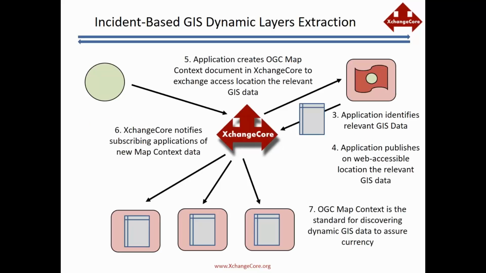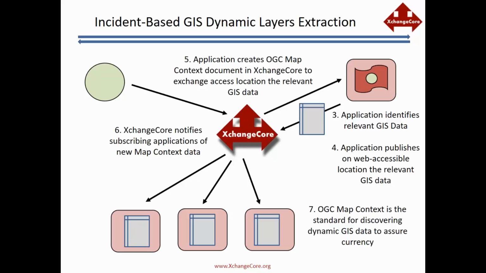Now, that application is then going to identify the relevant GIS data just like we did. But this time, it's not going to update the incident work product and send it back to the original application. This time, it's going to begin to create this two-way flow of information.